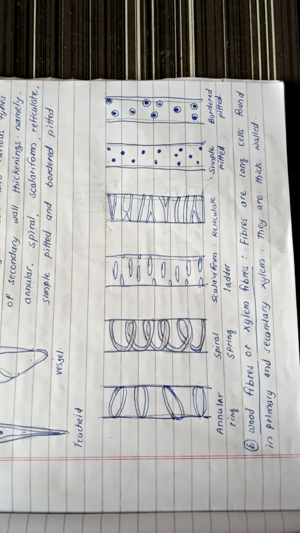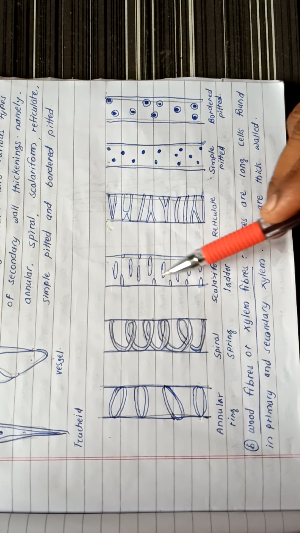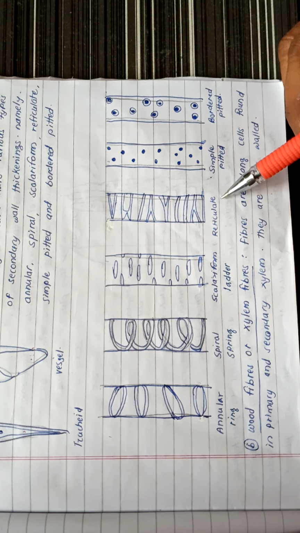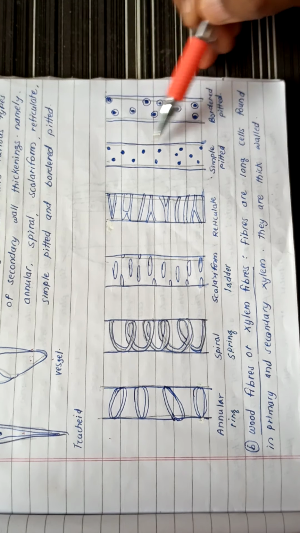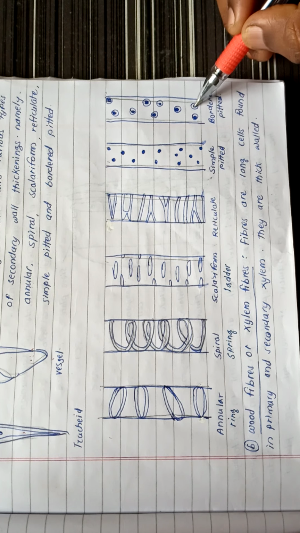Which are the patterns? Annular means ring like, spiral means spring like, scalariform means ladder shaped, reticulate means network, pitted, simple pitted and bordered pitted.